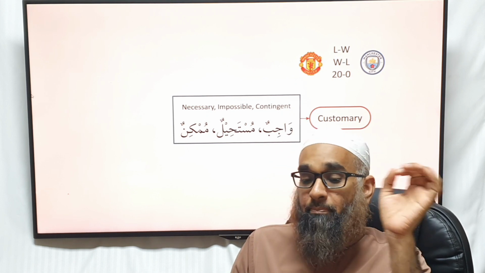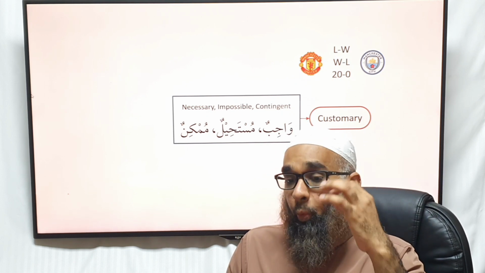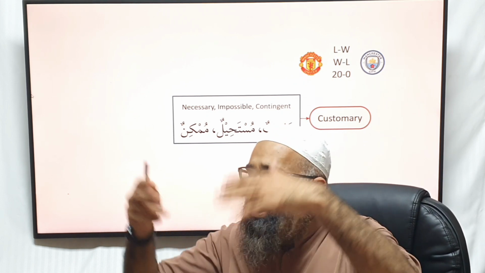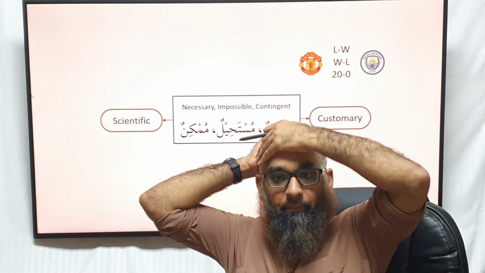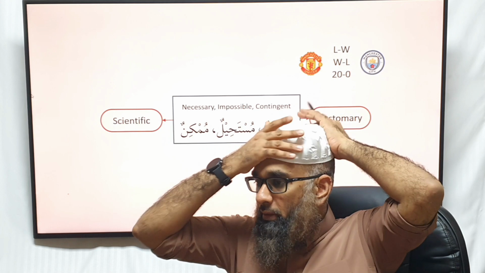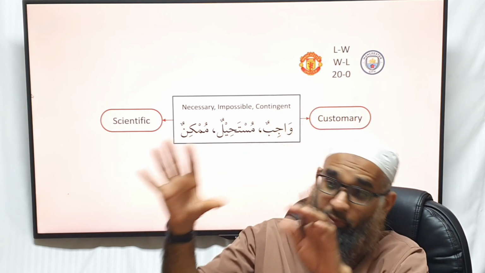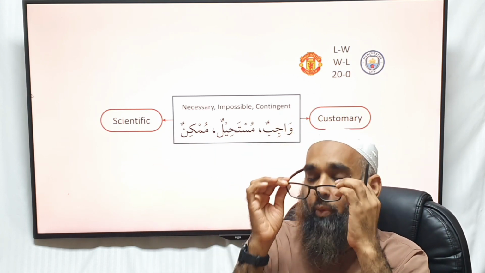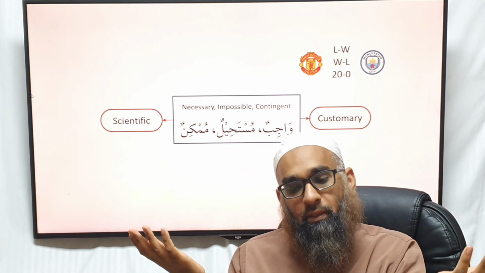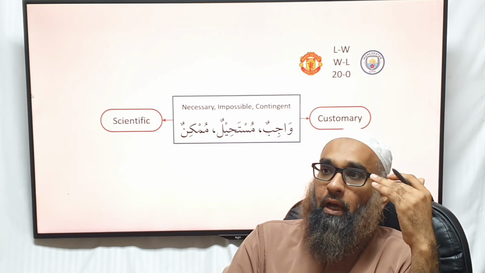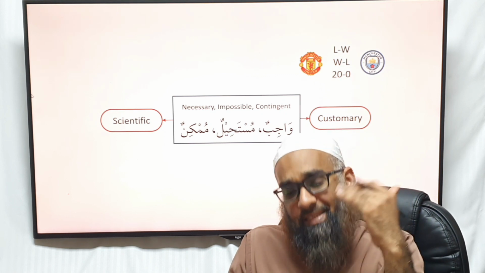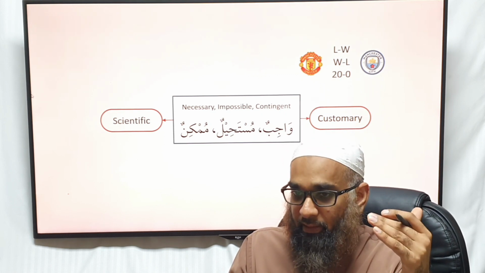So when we use the word impossible or mustahil, one way is customarily, or what we're accustomed to. The second is scientifically. This is where we get a bit into atheism and modernism. What we say here is that scientifically things are mumkin, wajib and mustahil. So for example, Allah subhanahu wa ta'ala has set down a system, a taqdeer.